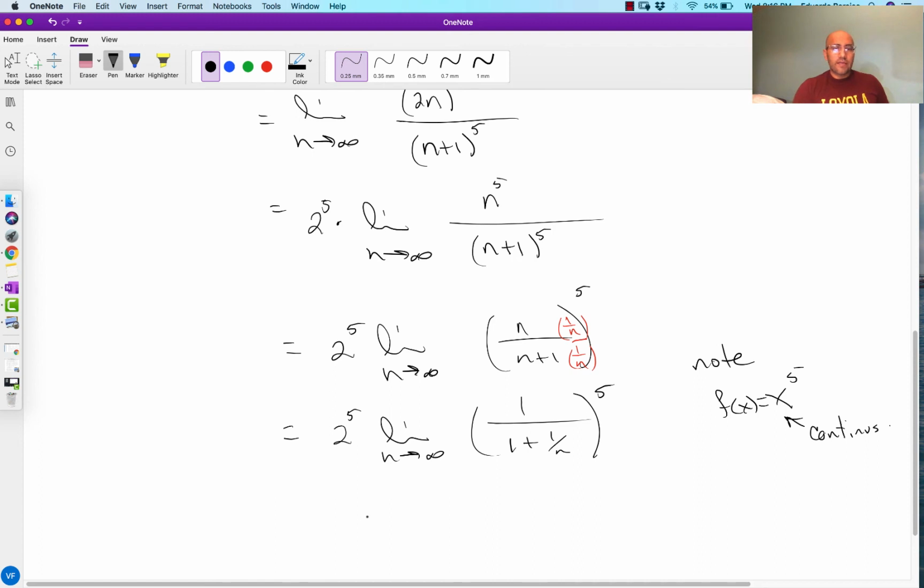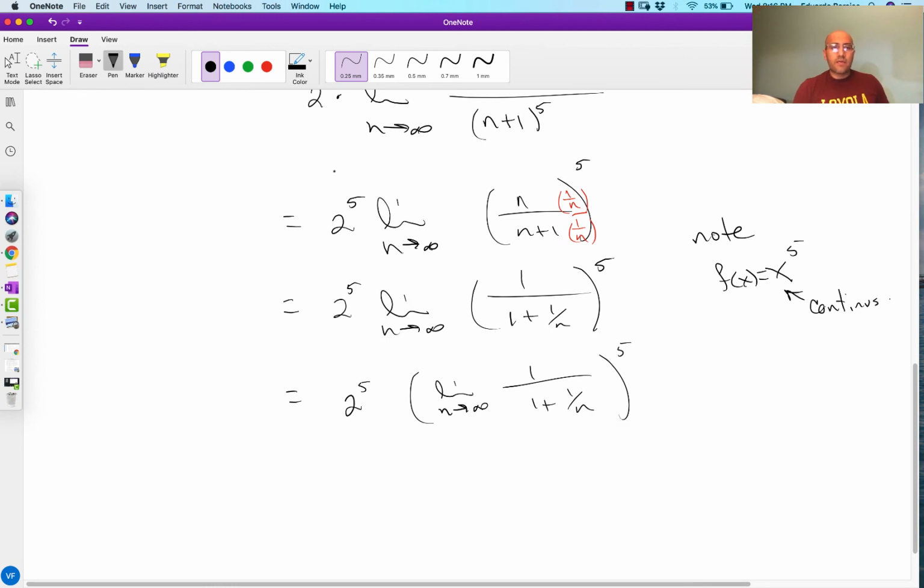So this then becomes 2 to the 5th power, and this becomes the limit as n goes to infinity of 1 over 1 plus 1 over n, the whole thing raised to the 5th power, right? So we can just stick it inside there. Because it's continuous at where it's going, it's going to go toward 1. So it's continuous at 1 in particular, but this one's just continuous everywhere.